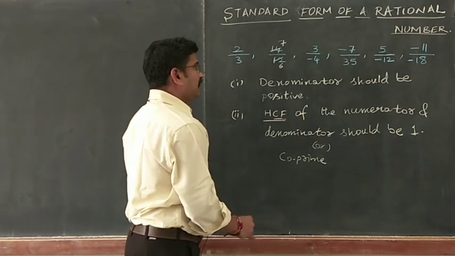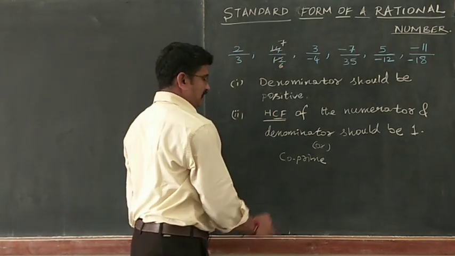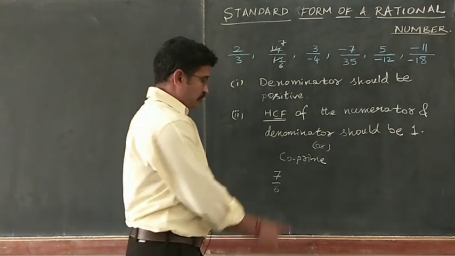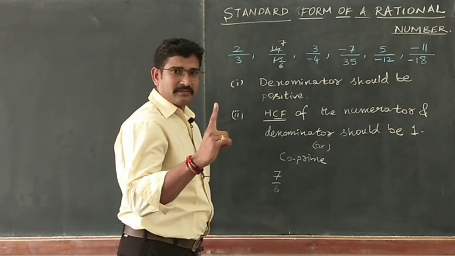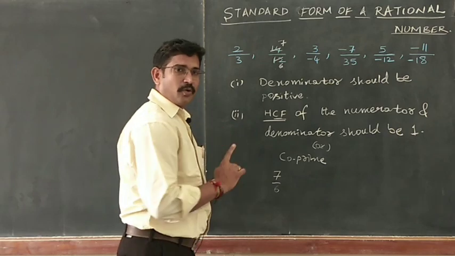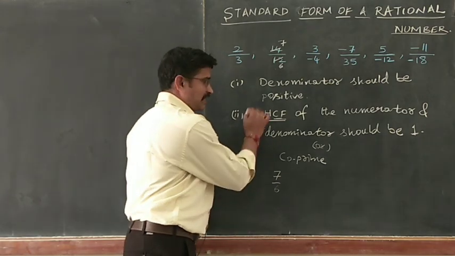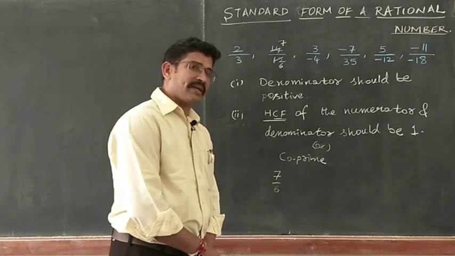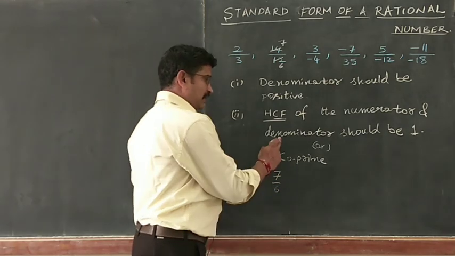Now, if I take this as 7 upon 6, the HCF of 7 and 6 is 1. So, we have got the second condition satisfied. This word you are going to learn in your next class. How will you say it?